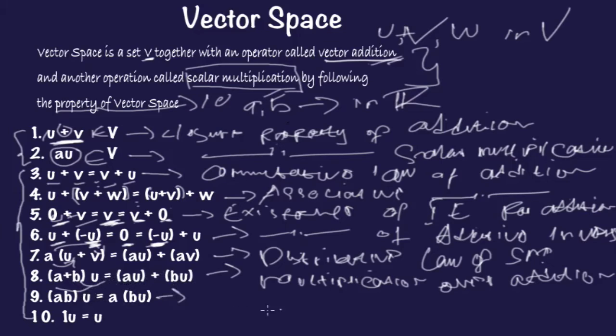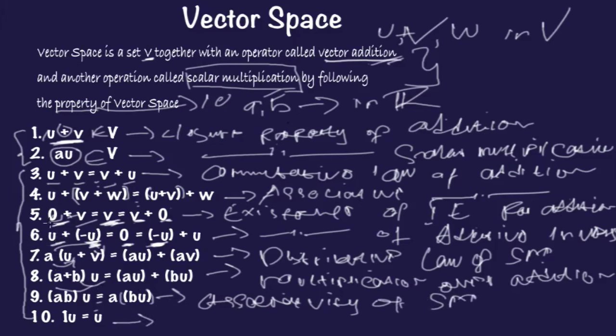And number 9 is a times b times u, which has to be equal to a times bu. So we can say that this operation is the associativity of scalar multiplication.